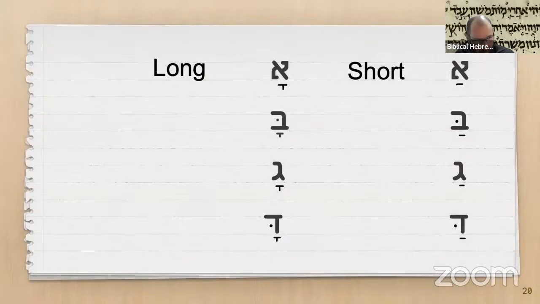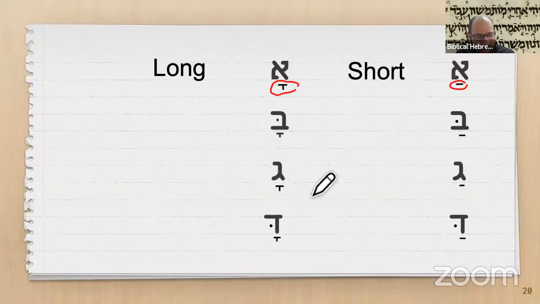Also, a revision of the vowels we learned today. We learned the patah, the short one, and then the kametz. You can say kametz or kametz gadol. Gadol means long, or big. So we learned the letter B, ba or ba.